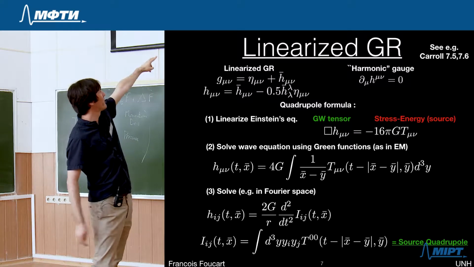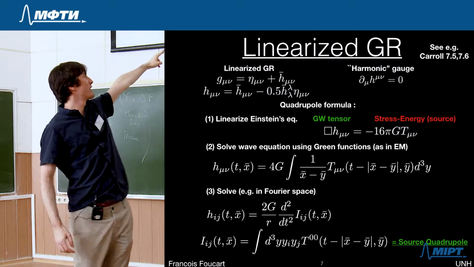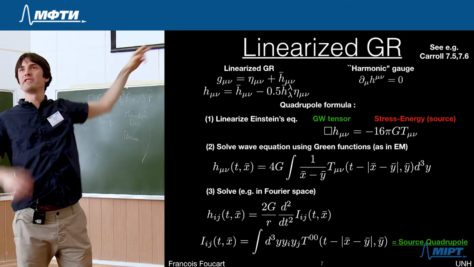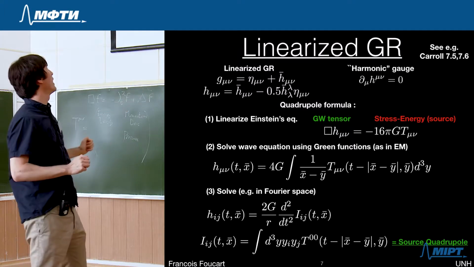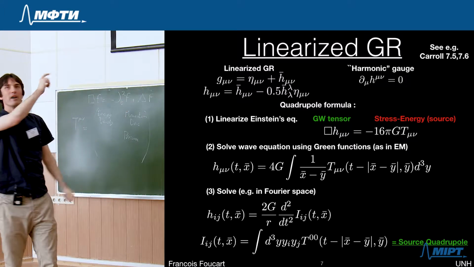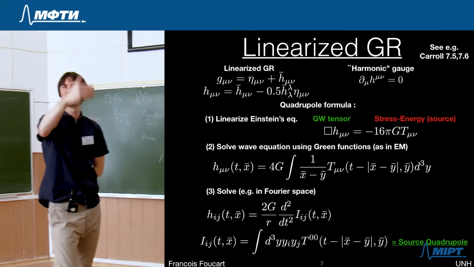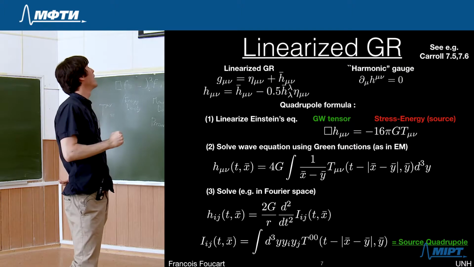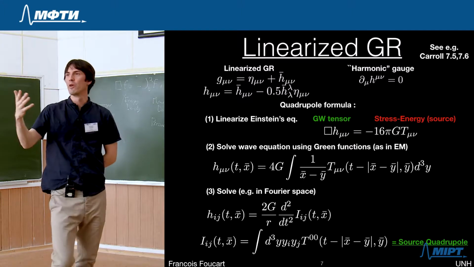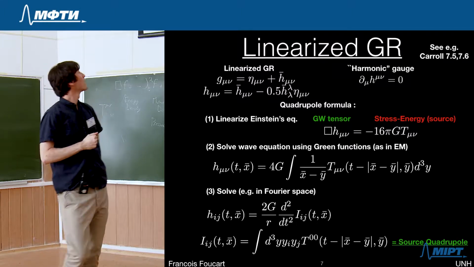Iij, being defined on the last line here, is, as you see, the integral of T00, which is the energy density, weighted by the second order by yi and yj. So it's the second moment of the energy density, which is the quadrupole moment. Okay?